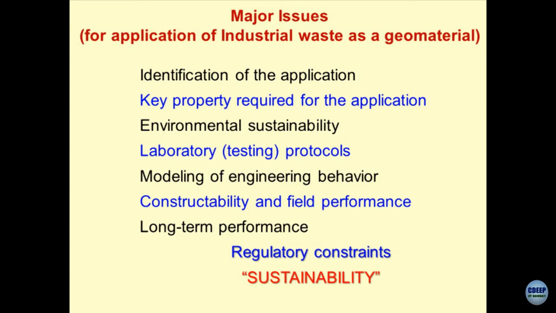As far as weakness is concerned, this could be a threat to the geo-environment. So, we have to make sure that the material, when it is utilized for any application, should not be contaminating the geo-environment. That is the main thing to discuss.